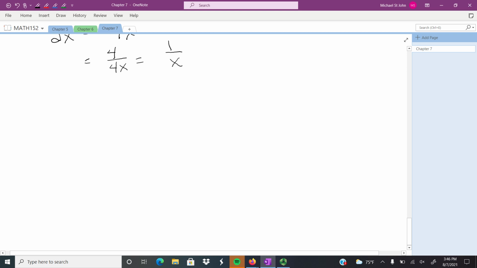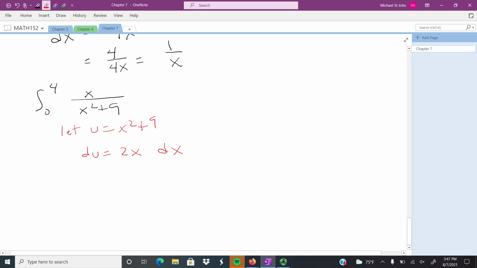So let's look at another example. So now I want to integrate from 0 to 4 of x over x squared plus 9. And so here we're going to let u equal x squared plus 9. And so du is going to be 2x dx.